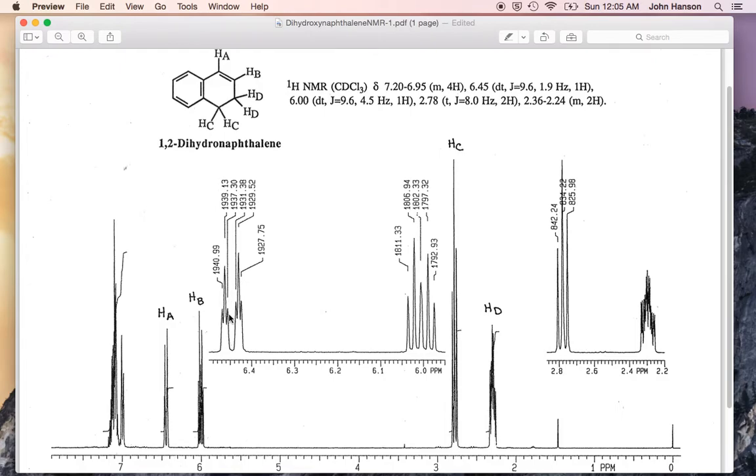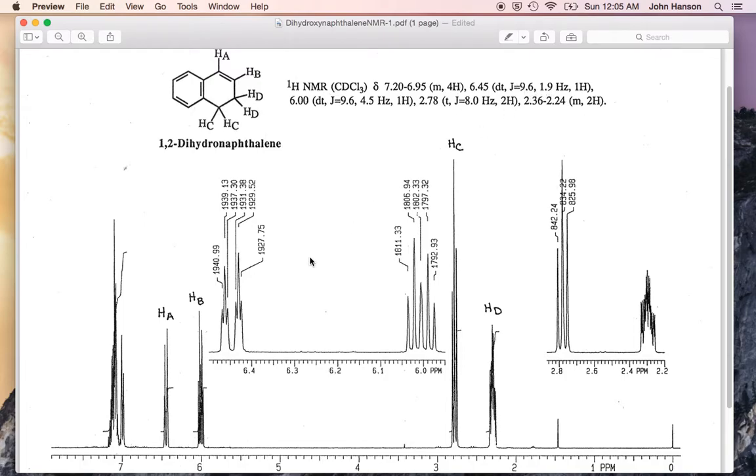Now, when we're analyzing complex spectra like this, with multiple couplings of various magnitudes, it can get a little tricky. So what I'm going to show you is how to do a splitting tree, and you're going to be doing this for your homework assignment also. So I thought we should go through it together. Now, when I looked at HA and analyzed it fully, you can see that I called it a double triplet, and it had a J of 9.6 and 1.9.